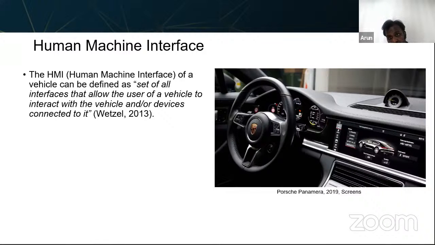It has to be aesthetically appealing, that's for sure, but at the same time it has to be really functional, because this is the one which is going to cost lives. So you have to make sure you provide things at the right time in the right location, so that the driver is able to perceive that information and do the necessary action that is required of him or her.